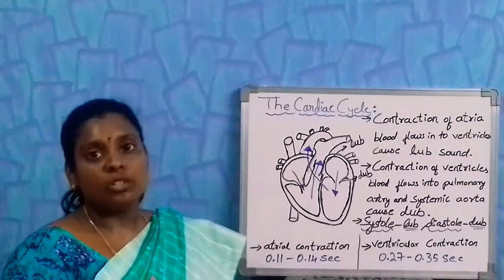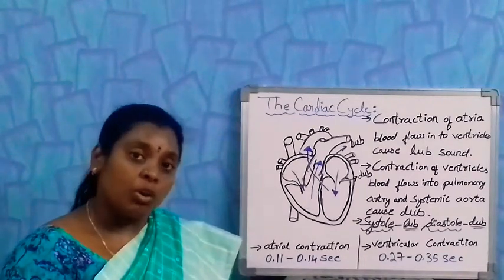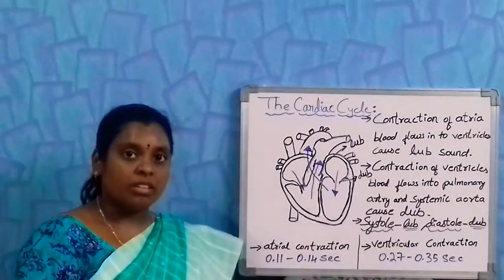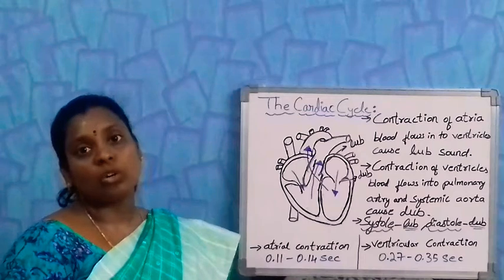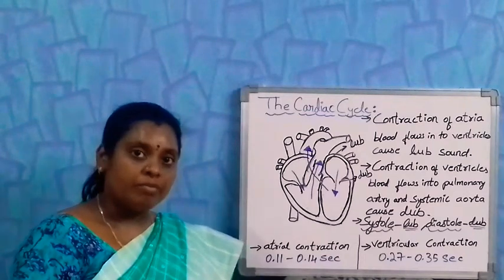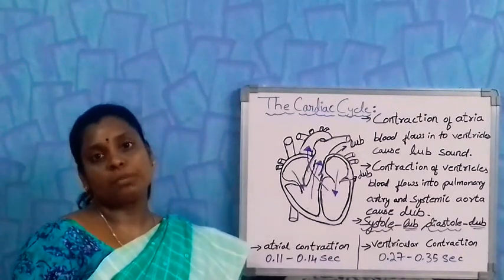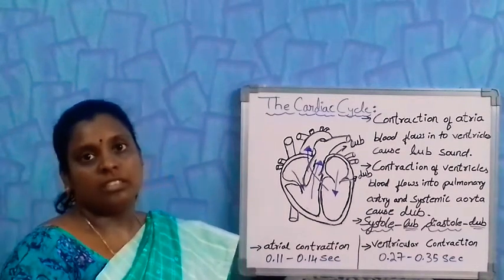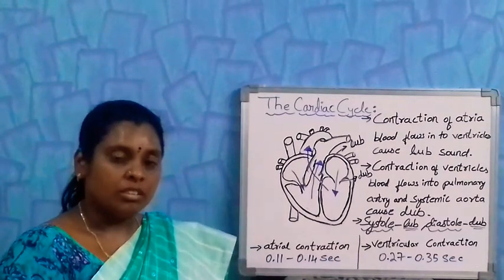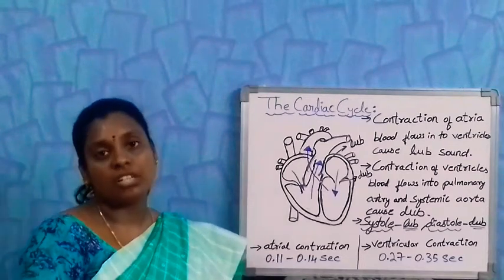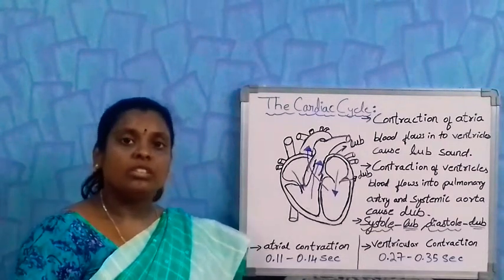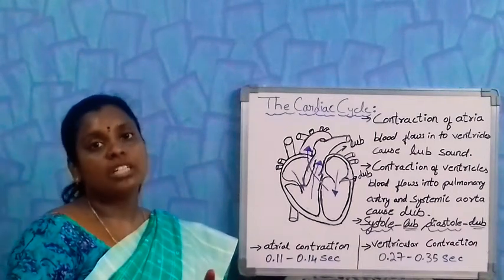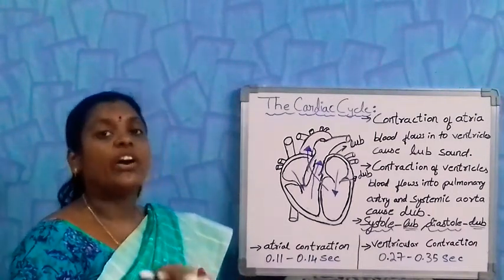It means that during the development of the embryo itself, the heartbeat starts and helps in the growth of the baby, and it does not stop until the person dies. When it stops, the person will die. So one contraction and one relaxation of the heart is called the cardiac cycle.